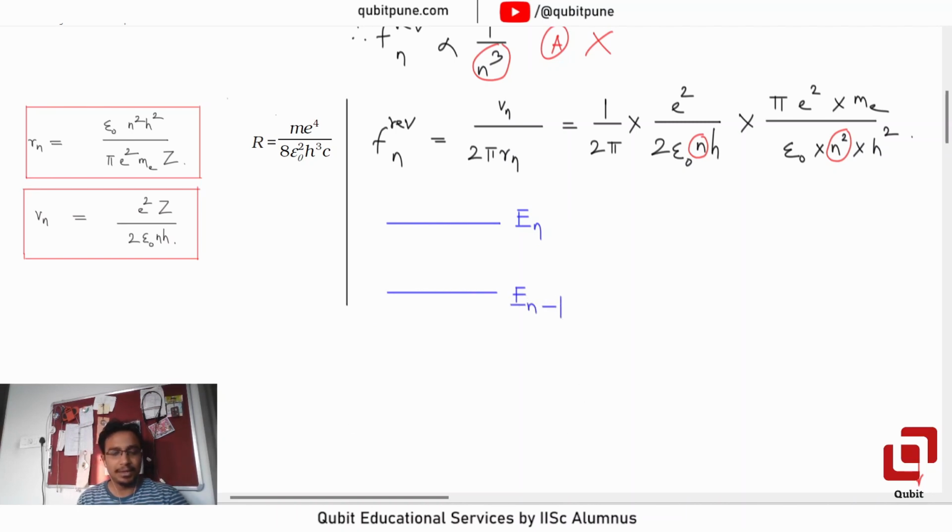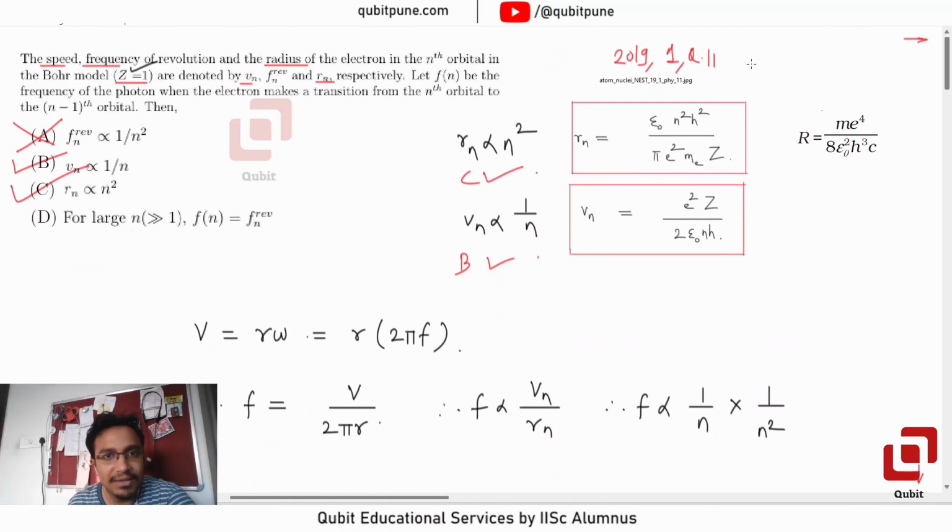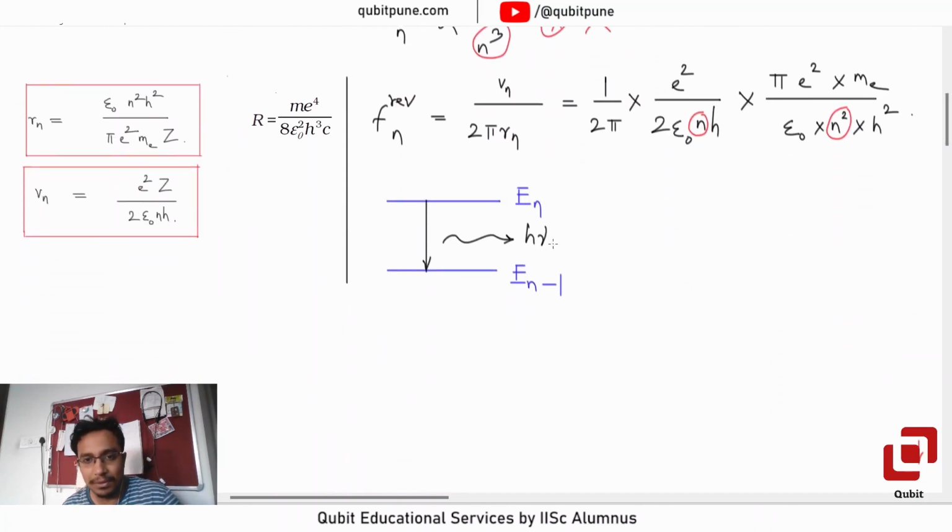The electron is going to make a transition like this, and thereby it is going to emit a photon of frequency h nu. Now they are saying let f of n be the frequency, so according to them, this will be h into f of n. Now we have to use the formula which Balmer gave us empirically, and which was later provided a theoretical proof by Niels Bohr.